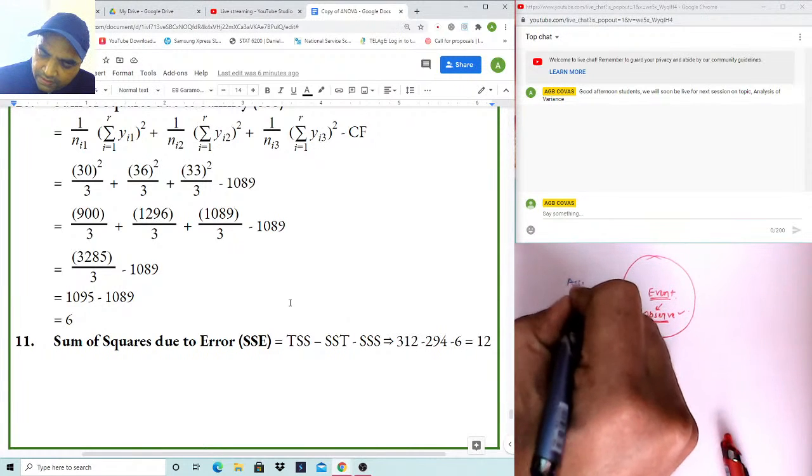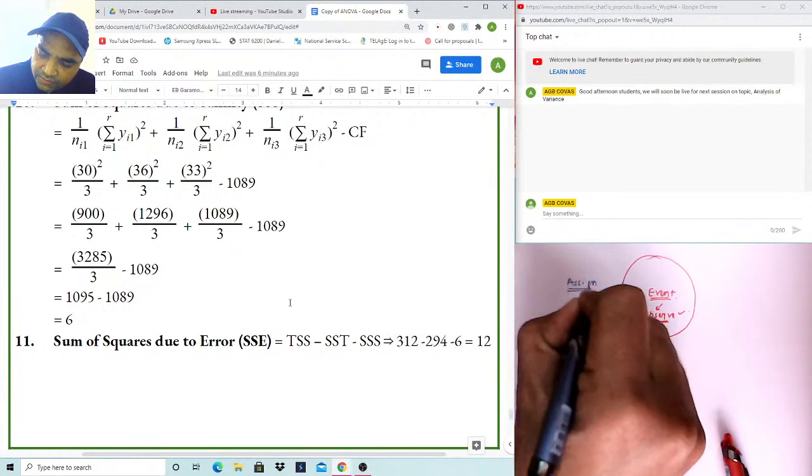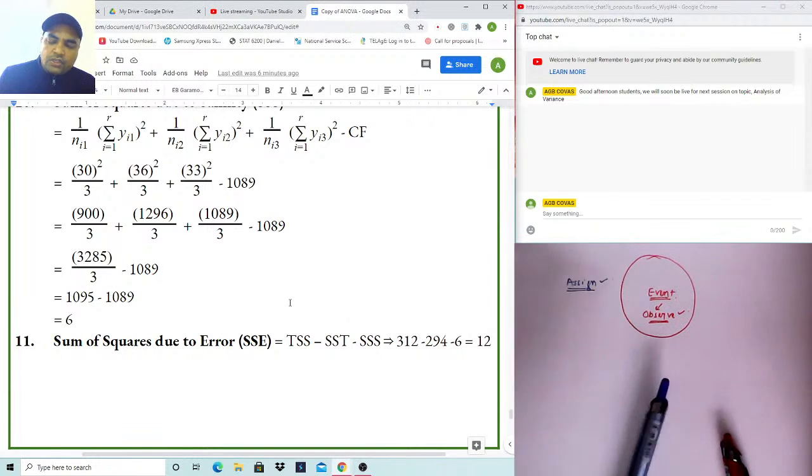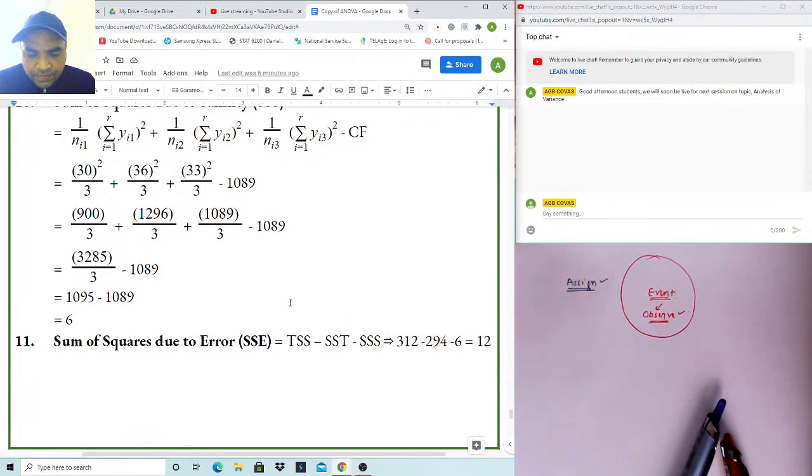Say for example, two students are talking and one will say that X, Y or Z student is securing very good marks continuously and his performance is very good.